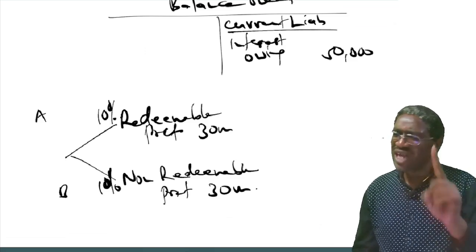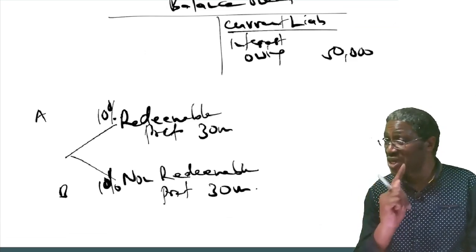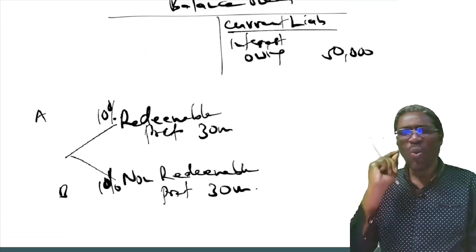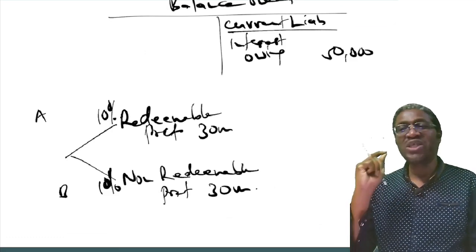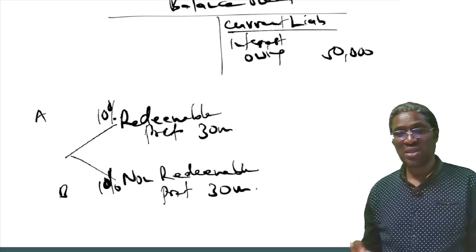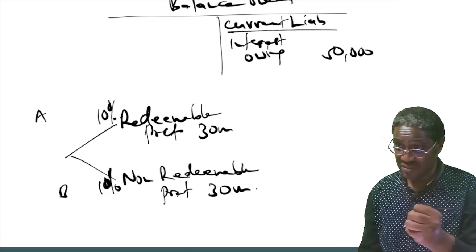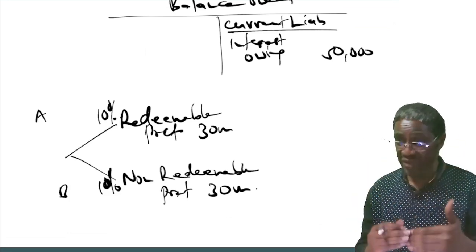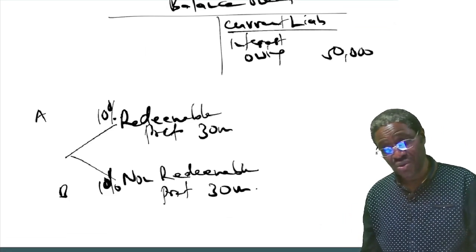When they were issuing that preference share 10 years ago, they were telling the shareholders, or the providers of capital at that time, that one time in the future, we shall redeem these preference shares. In other words, we shall buy them back. We shall pay you your 30, you bring back our share certificates. That's what I was telling them 10 years ago.